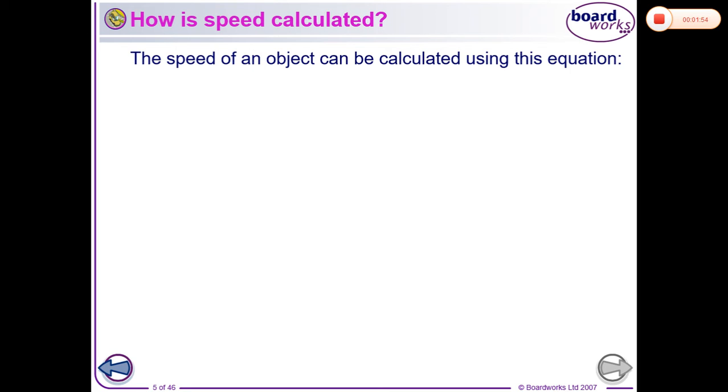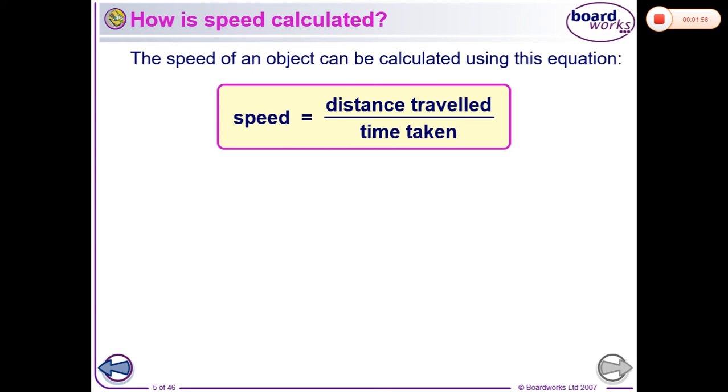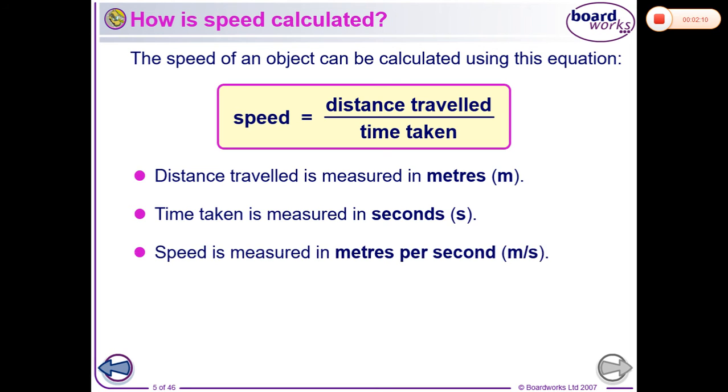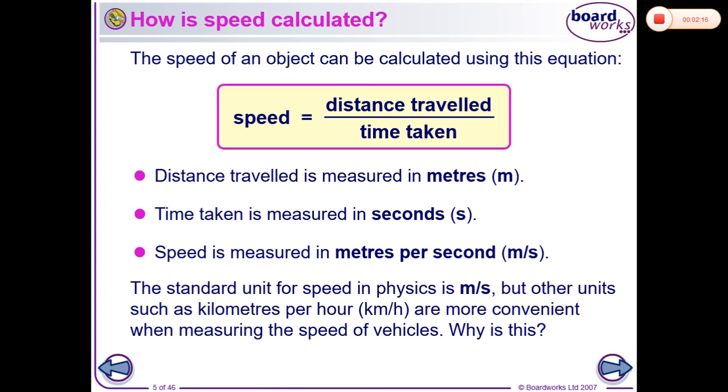Speed of an object can be calculated by using the equation as we studied before: distance traveled divided by time taken. So the distance traveled is measured in meters or kilometers. The time taken is measured in seconds or hours. So the speed is measured in meters per second or kilometers per hour.